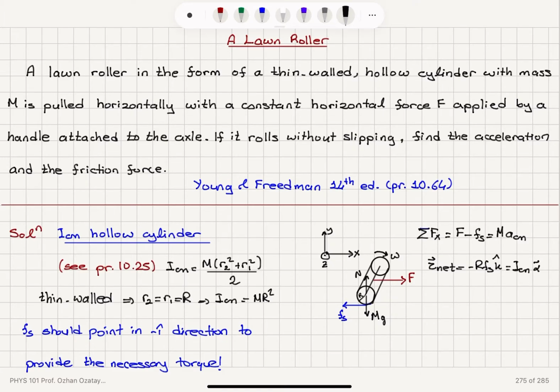And this is a central axis. So the angular acceleration alpha we will find is minus R Fs over MR squared k hat. So the angular acceleration is in minus k hat direction. The R's will cancel here, so we will get rid of one of the R's, and we will be left with minus static friction force divided by MR k hat for the angular acceleration.